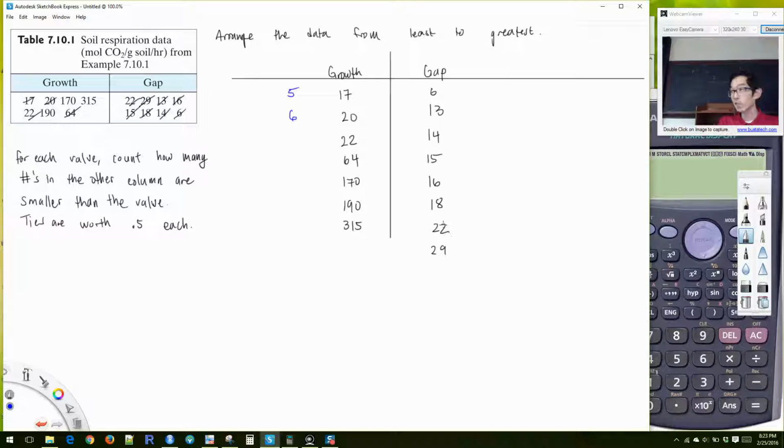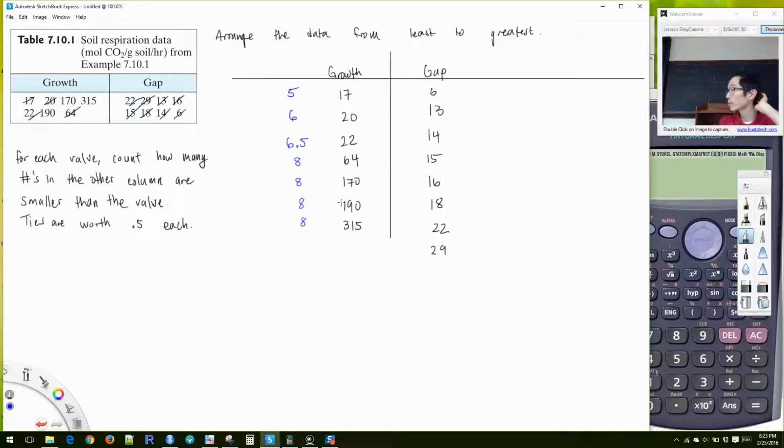Each tie is worth 0.5, so I would write 6.5 here. If there was another 22 in this column, it would be 7, because each tie would be worth half a point. Then at 64, all 8 values are smaller, and that's going to be true for all of these other values. They're all going to have 8 values in the other column that are smaller.